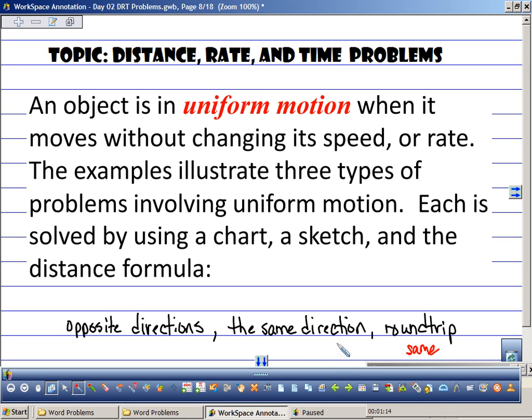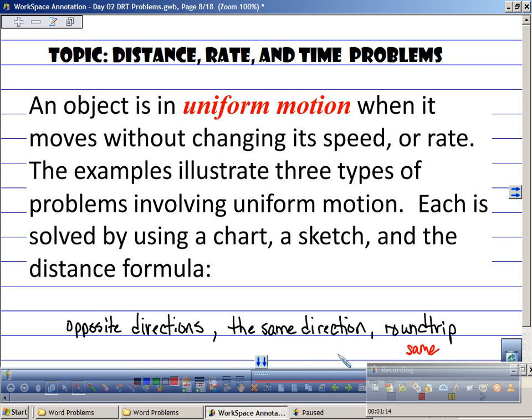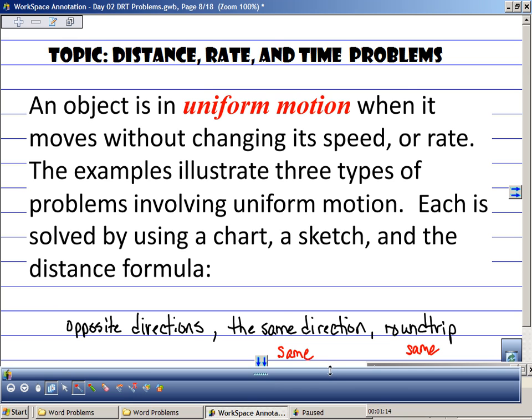What about going in the same direction? If 2 people are going in the same direction, and then we stop them, would they be going the same amount of distance or different distance? It does kind of all depend, but in the problems that we're doing, they are going to be going the same distance.